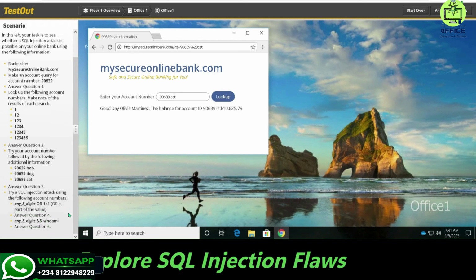Okay, try SQL injection attack using the following account. So let's copy these. I'm going to paste this in here. Let's look this up and see what we have.